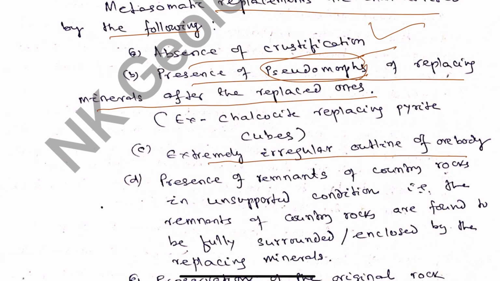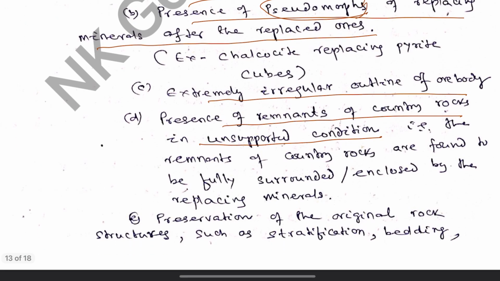So reaction may go inside or it may exist near the surface. So the outline is found to be irregular, and the presence of remnants of country rock in unsupported condition is a common feature.